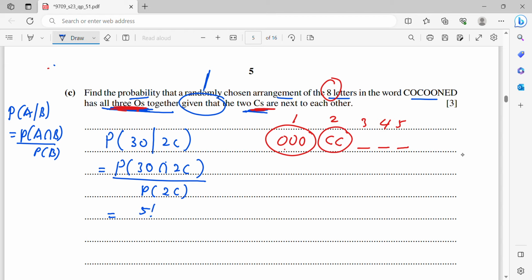Now, probability is n of the elements over n of the sample space, but for the denominator we also divide by the sample space, so I will just ignore it, right? So then over my P(2 C's). P(2 C's) means that now just the 2 C's are next to each other, with no other restrictions. Instead of 8 letters, I have considered the 2 C's, which means I still have 6 more letters here.